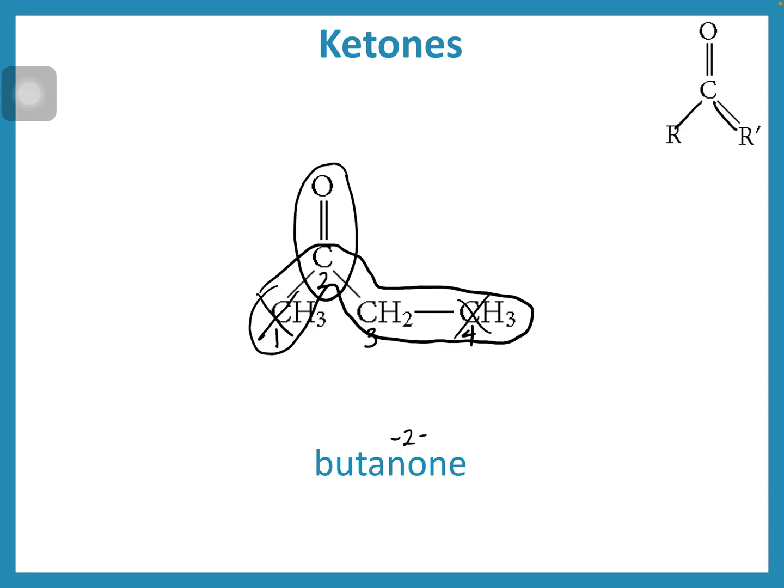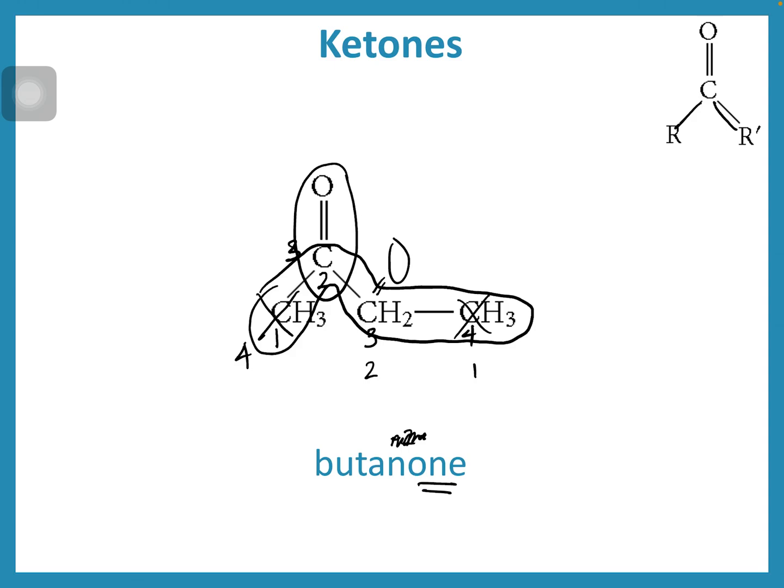And then in terms of between 2 and 3, if that double bond O was off of this carbon, then we would have changed our numbering and said 1, 2, 3, 4, in which case it would still be off the second carbon. So in this case, there is only one position where that oxygen can end up going, and if there's only one place that it can go, then we don't need to use a number to give its position. So for butanone, there is only one place that the double bond O, or the ketone, can end up being located.